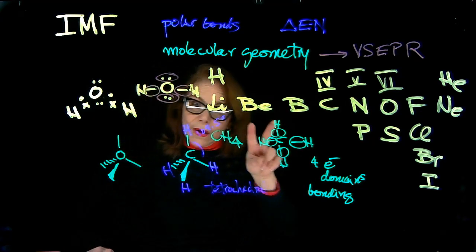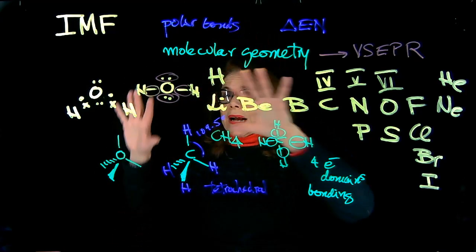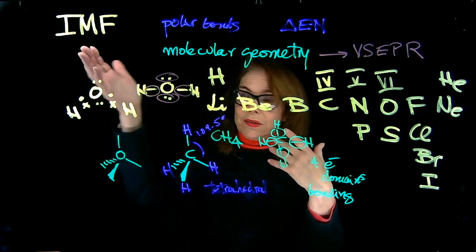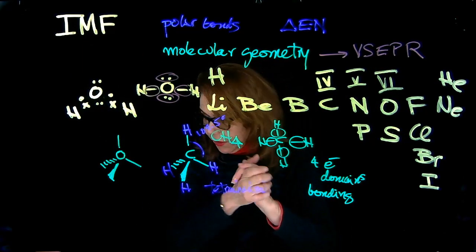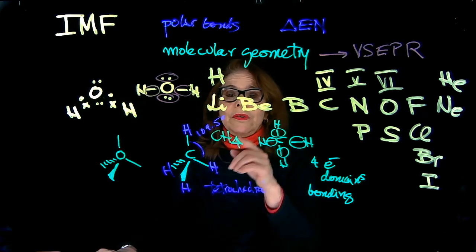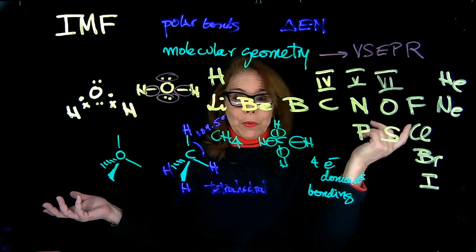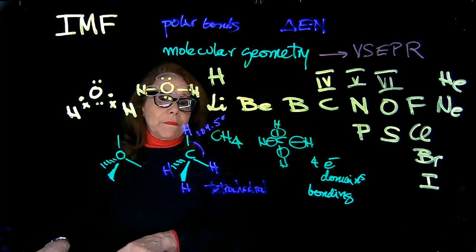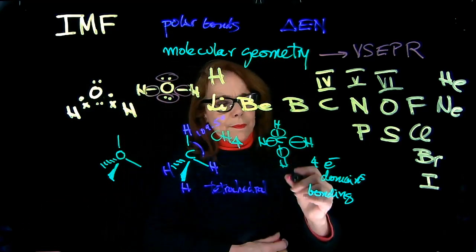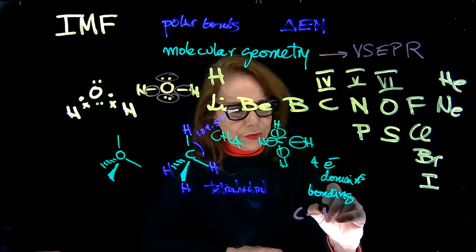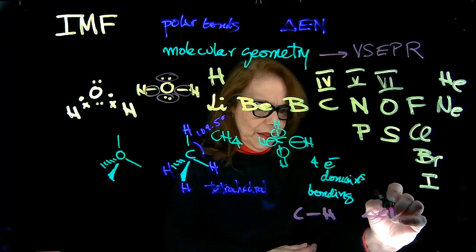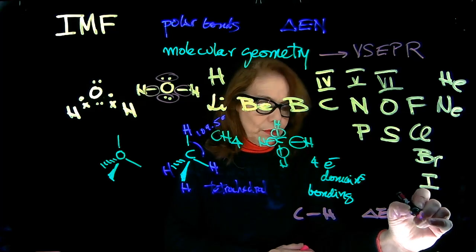Now, the other factor that we said impacts whether the molecule is polar or not, and therefore impacts the way molecules interact, the molecular forces, is whether we have polar bonds or not. In organic chemistry, we make a definition here: the bond between carbon and hydrogen has a small difference in electronegativity, on Pauling's scale, 0.4.